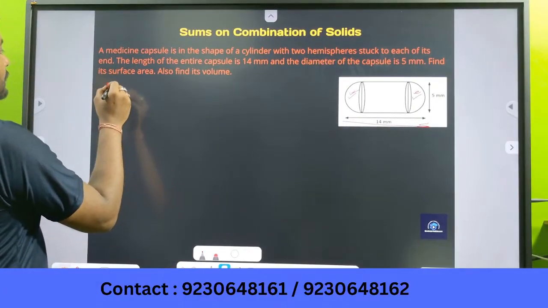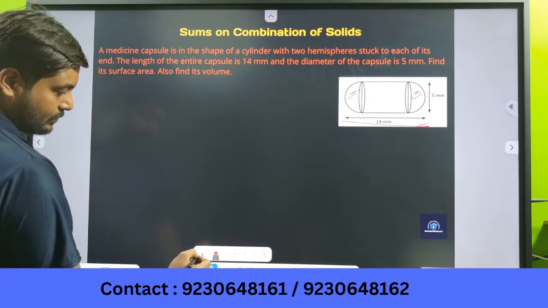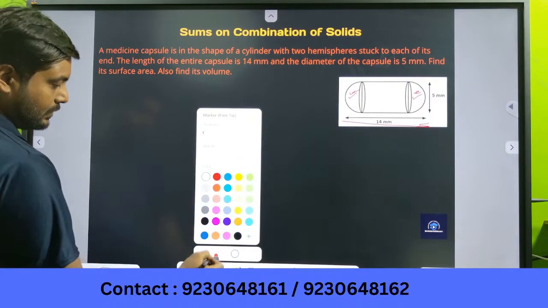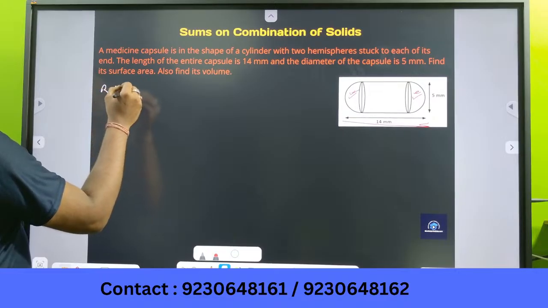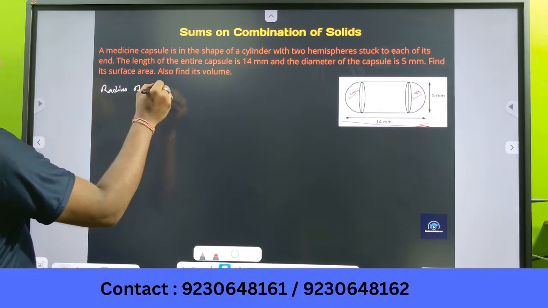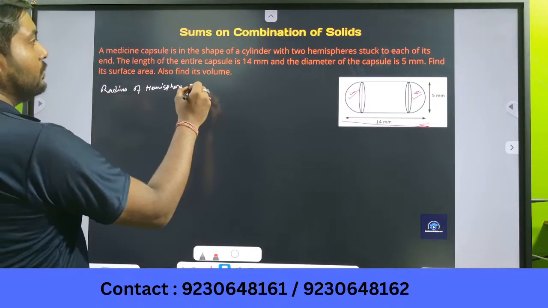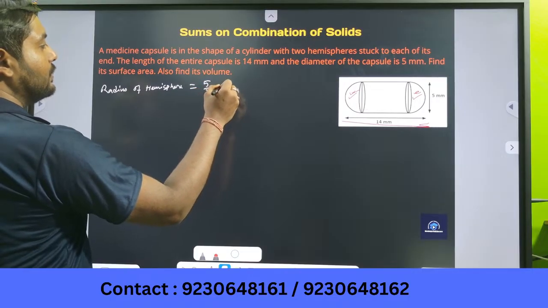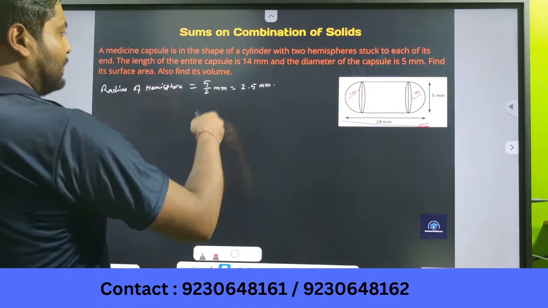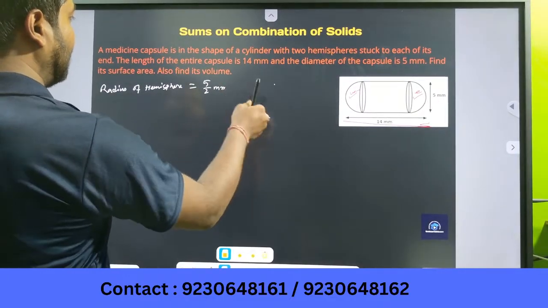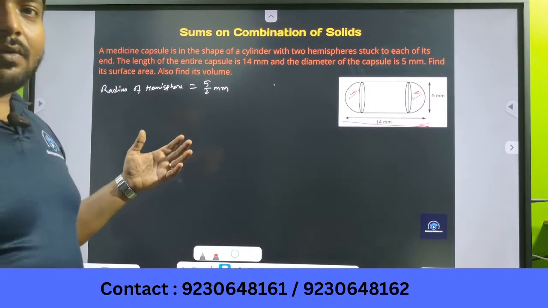So the radius of the hemisphere equals 5 by 2 millimeter, equals 2.5 millimeter. This is also the radius of the cylinder.